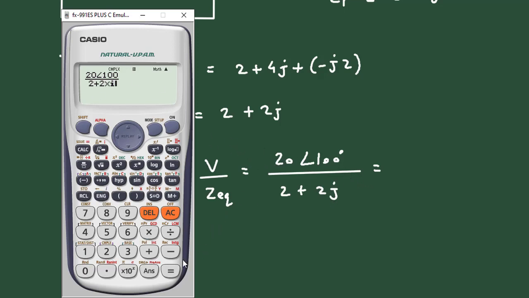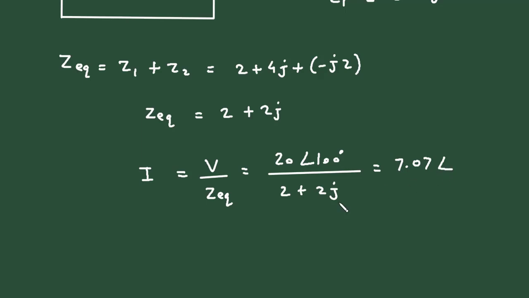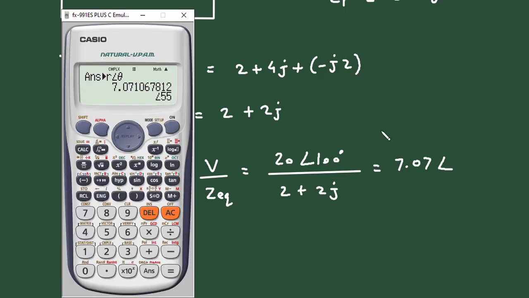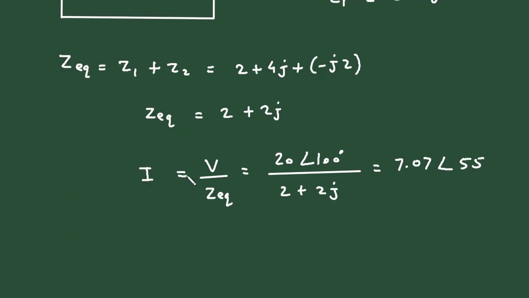So this will be 4.05. This is in rectangular form. Let's convert it into its equivalent polar form. So it is 7.07 at an angle of 55. Since it is current, its unit will be ampere.